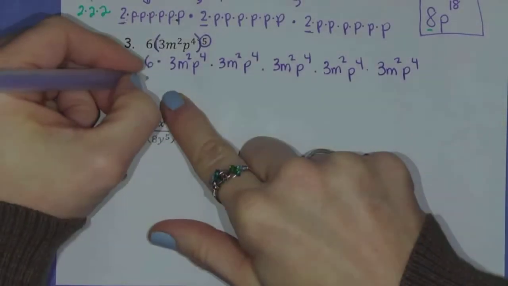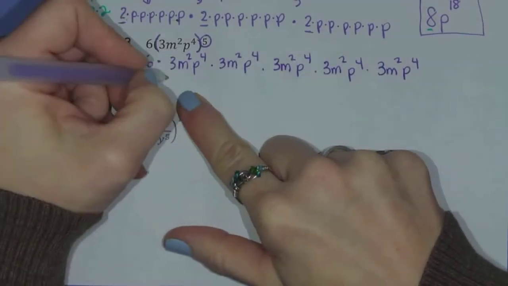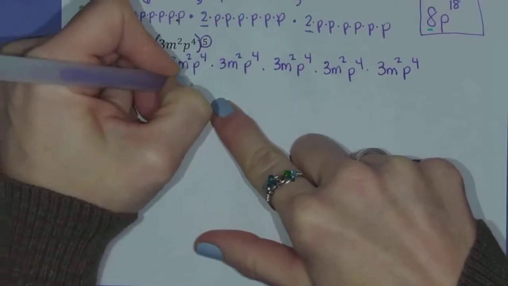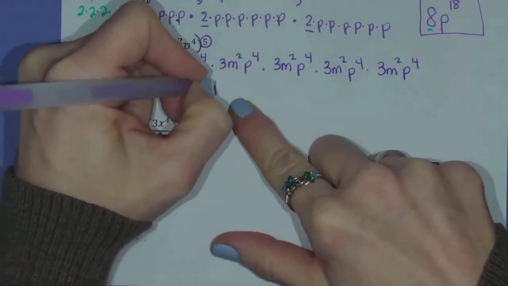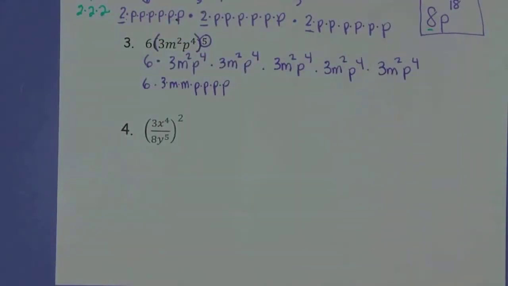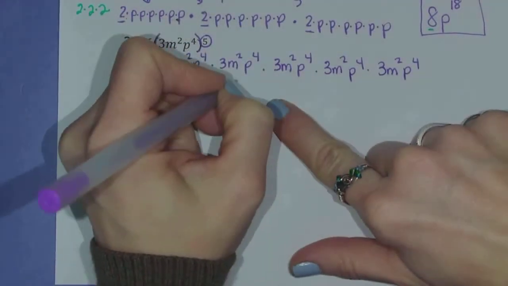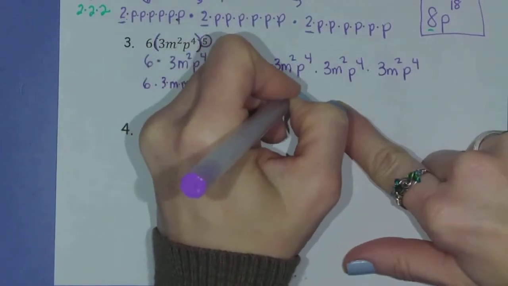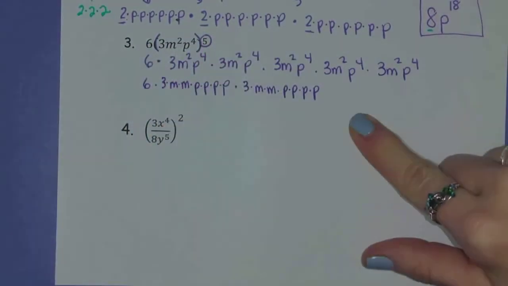So again, let's bring that 6 down. And now I've got 3 times m times p, p, p, p. And I'm going to go again. 3 times m, p, p, p, p.